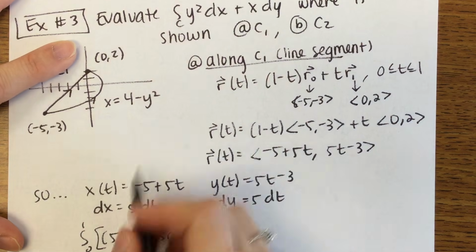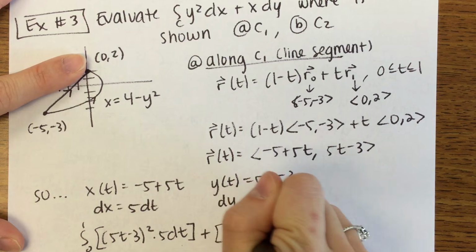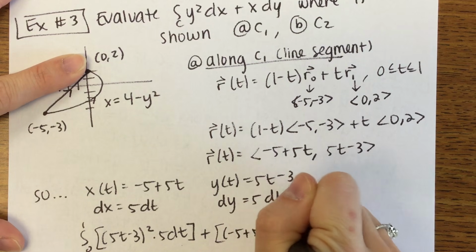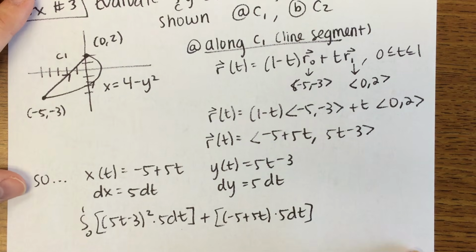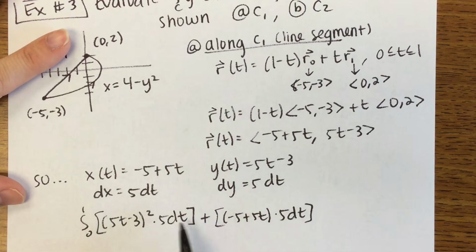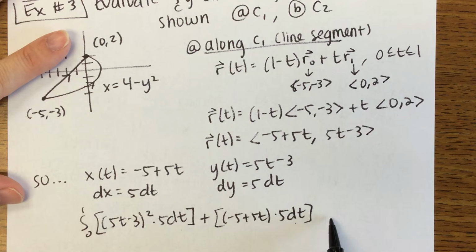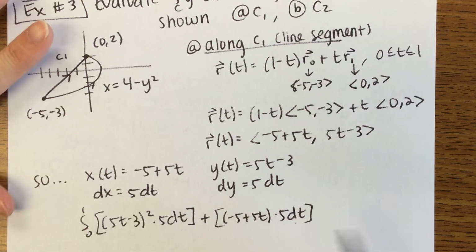And then we have x dy, so x is that -5 plus 5t, dy is 5 dt. In your book, they put the dt's here and here. If you want to put the dt on the outside because it applies to everything, that's fine also.